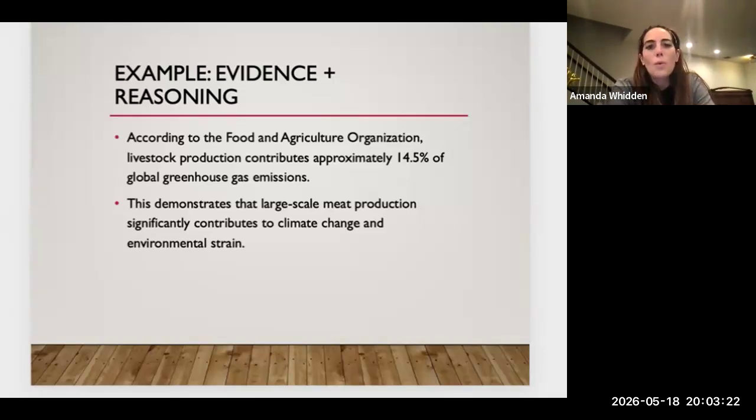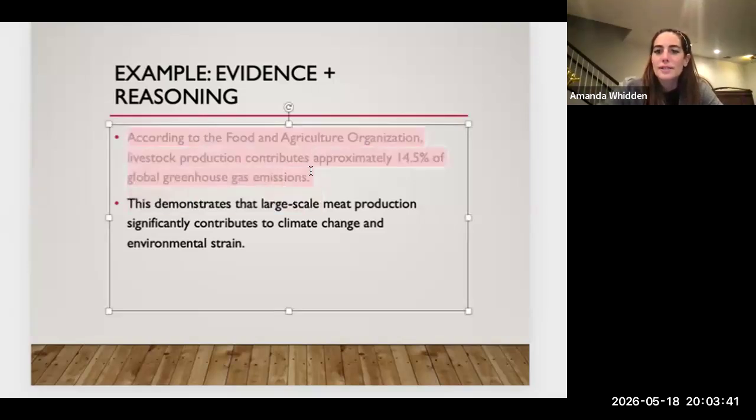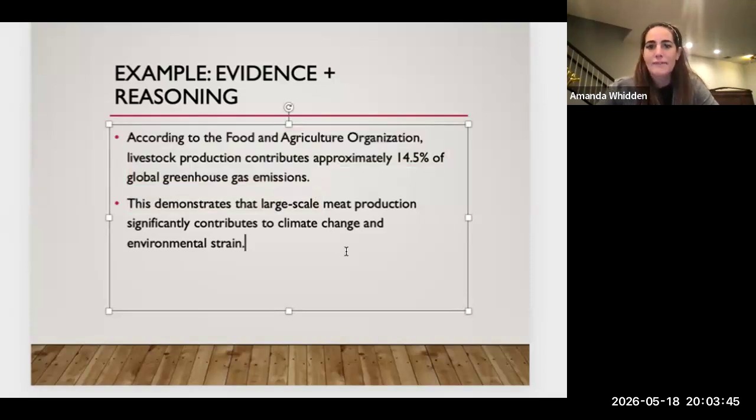Once we do that, we then move into our reasoning. Reasoning is explaining exactly what your evidence means to your audience in terms of your specific policy. So if I say something like, as it says here, according to the Food and Agriculture Organization, livestock production contributes approximately 14.5% of global greenhouse gas emissions.